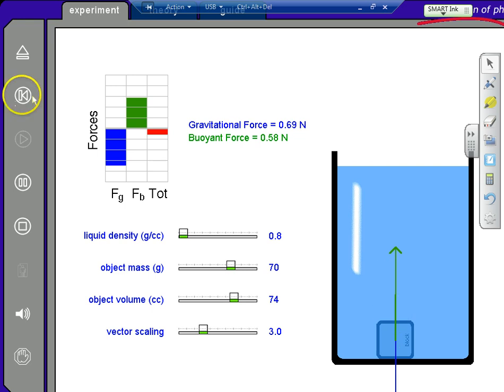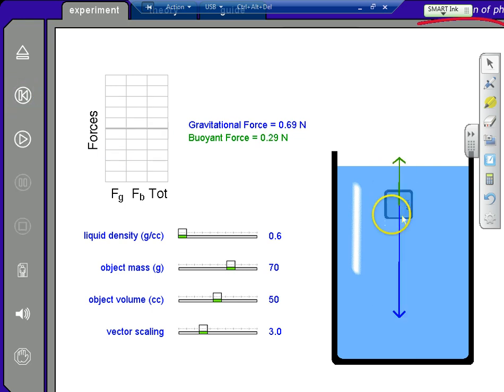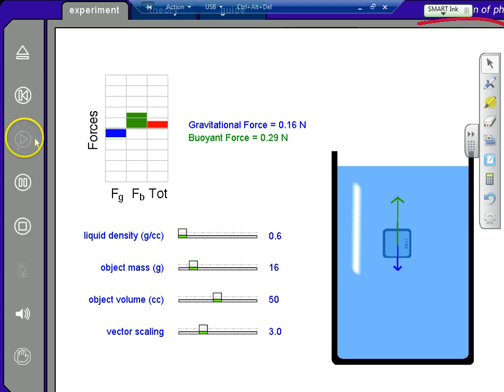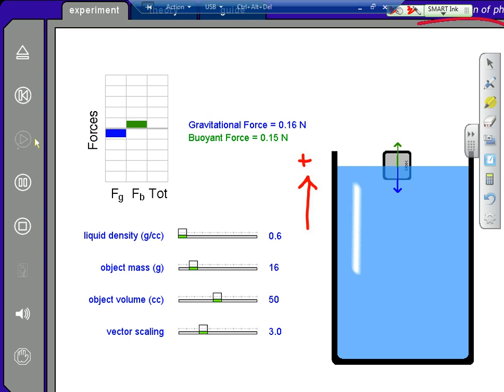If I make my object lighter, with less and less mass, you guys again can see that the buoyant force now is greater than the weight. The object is less dense than the fluid. So if I were to let this go, it's going to rise upward, positive. So you end up with F_B minus mg equals ma.